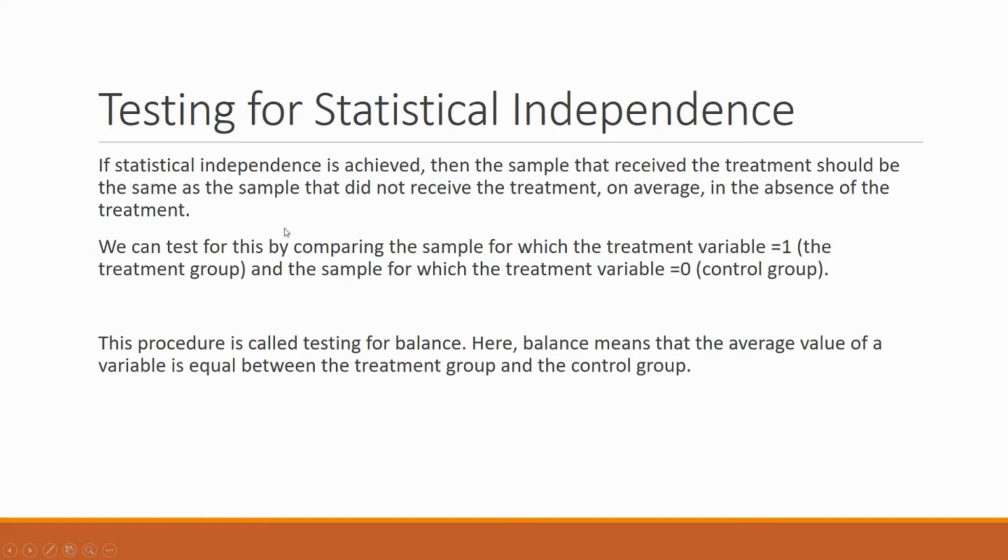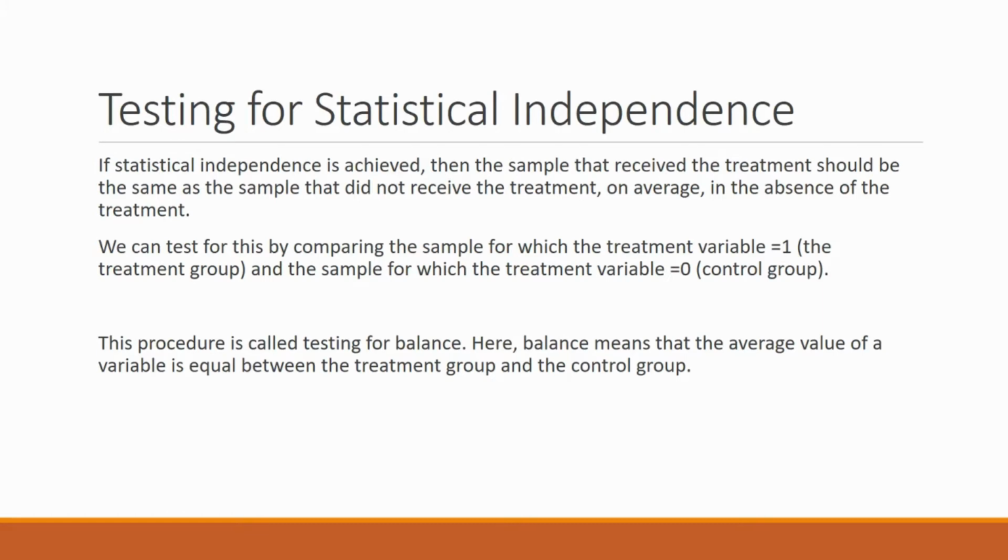So basically, you need to compare the group of people that you assigned to receive the treatment to the group of people that you assigned to the control, and see if these two groups are the same on average. If they are the same on average, then the treatment variable will not be correlated with any other variable. In that case, you will have evidence of statistical independence.